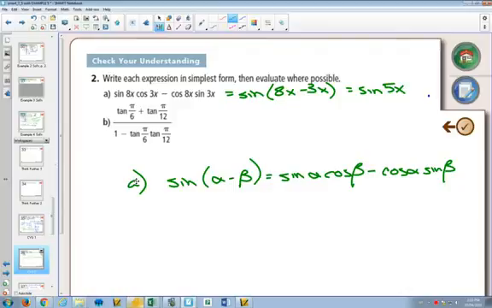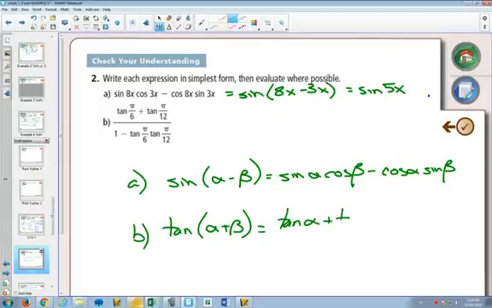Ooh, the next one's a tan tan. We got tan plus tan over 1 minus tan tan. Look at the formulas you have right above there. And we have tan alpha plus beta is equal to tan alpha plus tan beta over 1 minus tan alpha tan beta.